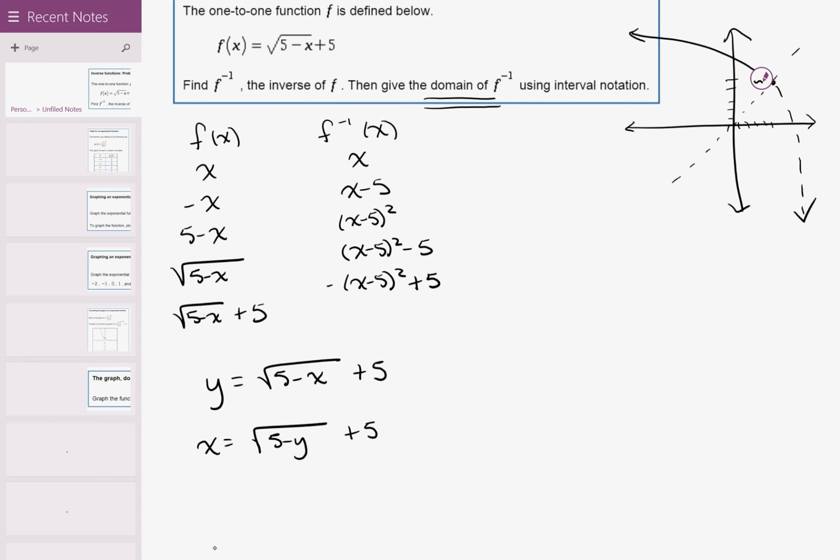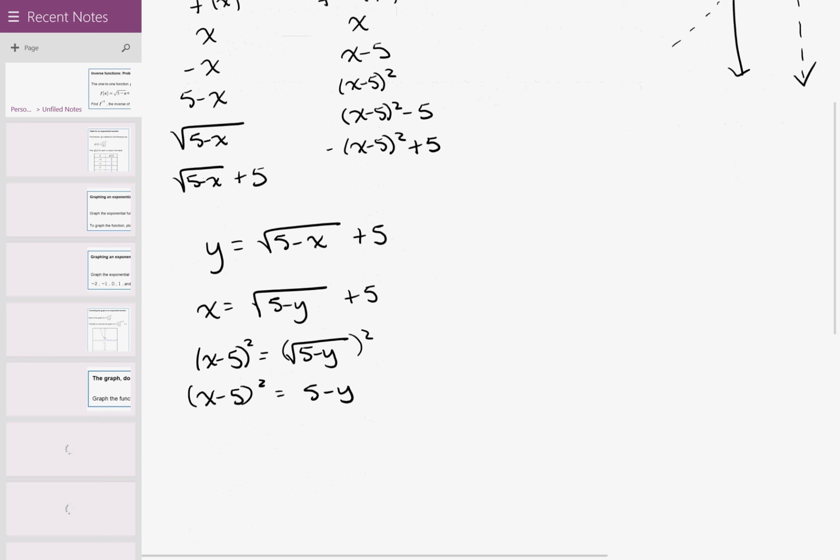I solve for y, so first I subtract x from both sides. And then I'm going to square both sides. And then I'm going to subtract 5 from both sides.